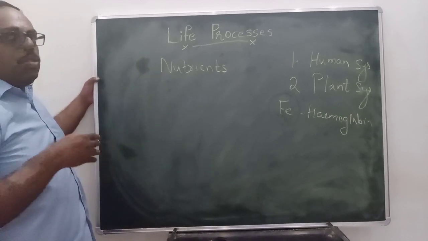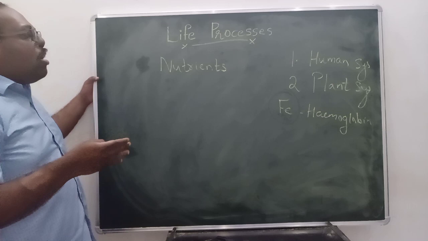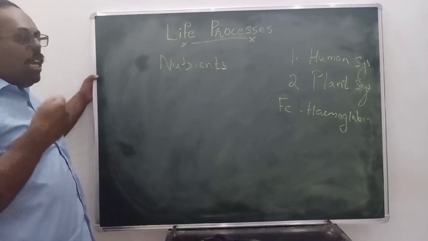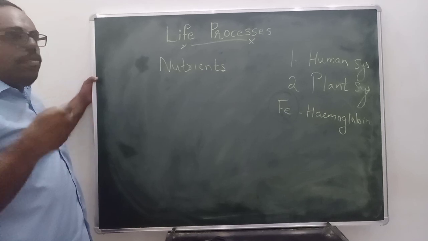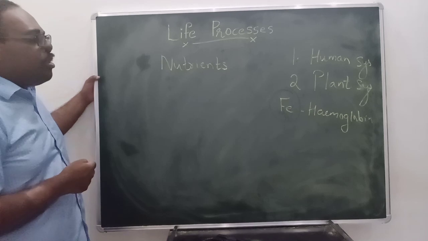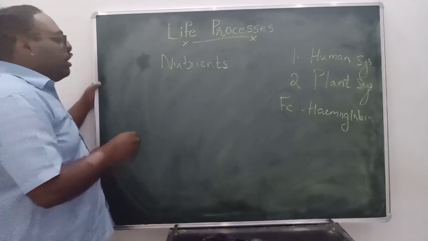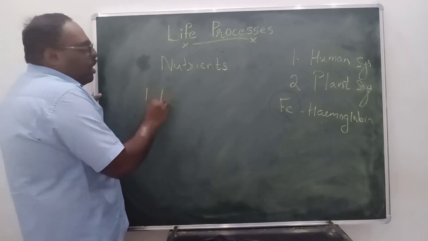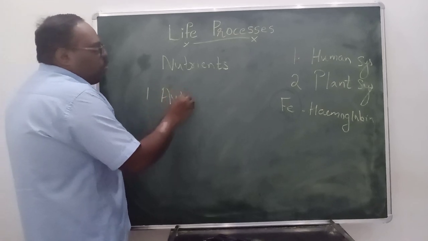Then, apart from that, you must understand the different types of intake of food, that is, how different organisms take food. There are three types. The first is known as autotrophs.